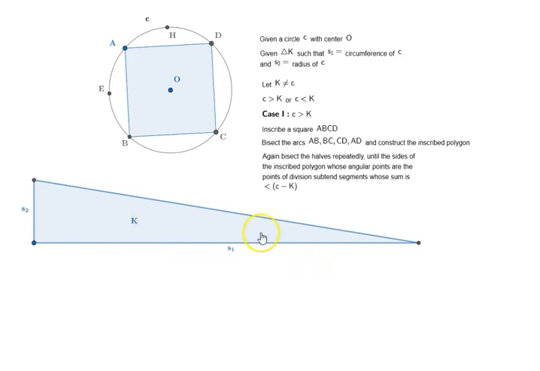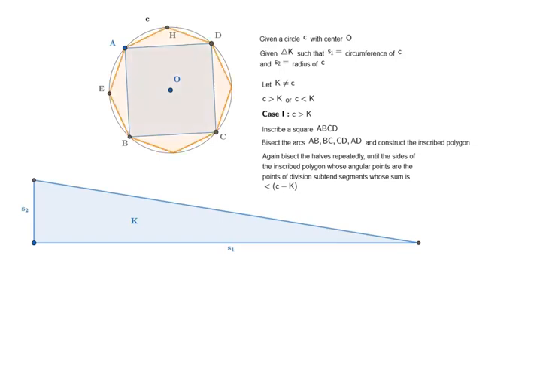So we compare the areas of these segments, which are left out of the square, with that difference. Of course, the areas of these segments are greater than the difference between the areas of the circle and the triangle. So that is why we are bisecting, so that we get a polygon which has more number of sides.